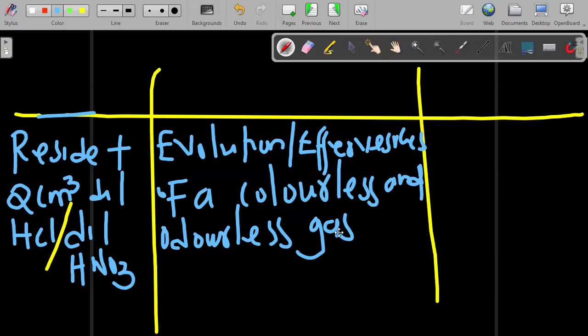So there are two gases that have this property. It's only two gases that can exhibit this property. Who are the two gases? It's carbon dioxide, CO2, and hydrogen.